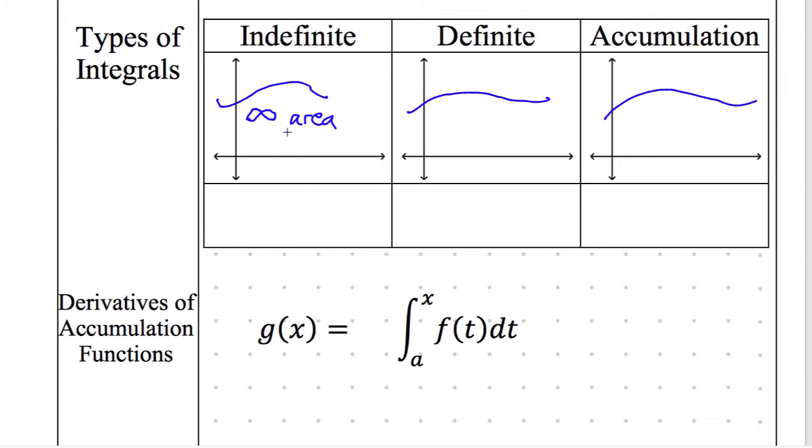Generally speaking, when you have an indefinite integral, usually it's saying if I have this function, what is the indefinite integral? And you just take the antiderivative and you give back a function. But in terms of the area under the curve, it's infinite. Infinitely negative or positive, depending on where your curve is. You know how else you can find out if it's infinite? Indefinite, like it has the word finite in it.